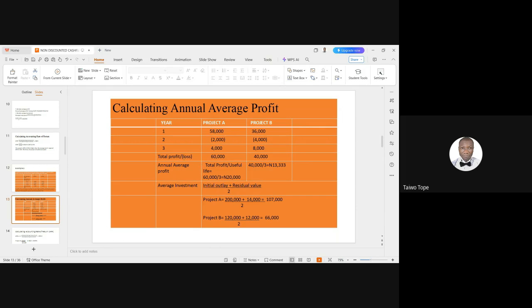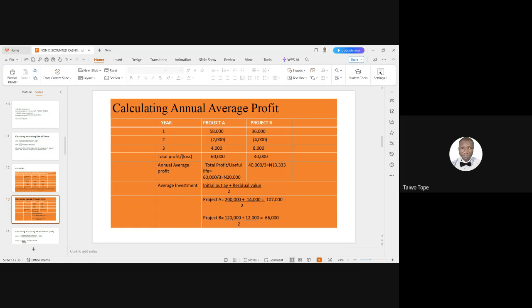The annual average profit will be what? 60,000 divided by 3. We have 20,000 naira as the average profit for project A. For project B, 36,000 minus 4,000 plus 8,000, you have a total profit of 40,000. Divided by 3, you have 13,333 naira.